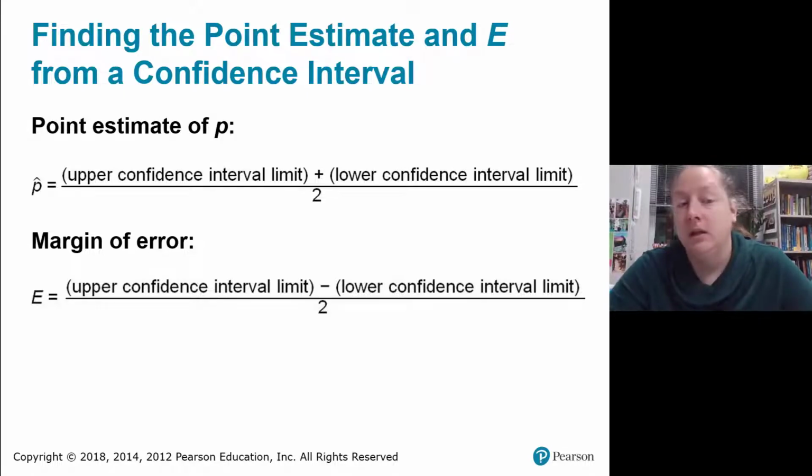To do that, we take our upper confidence interval limit and our lower confidence interval limit, add them together, and divide by 2. To find our margin of error, we're trying to find half of the distance between our upper and our lower limit. To do that, we take our upper confidence interval limit, subtract from it our lower confidence interval limit, and then divide by 2.